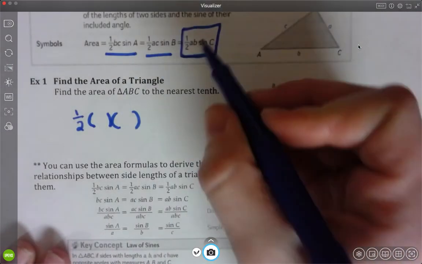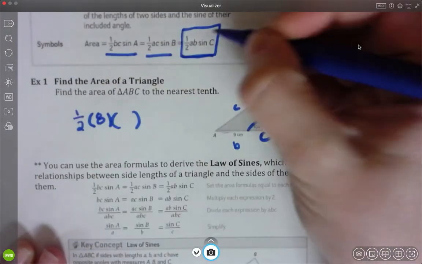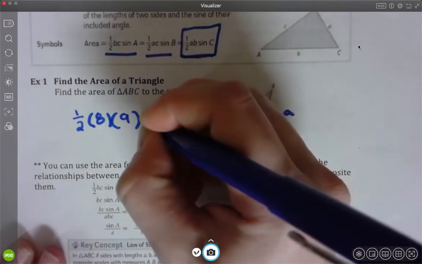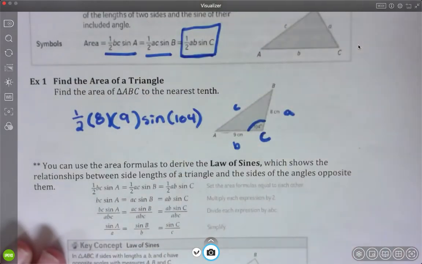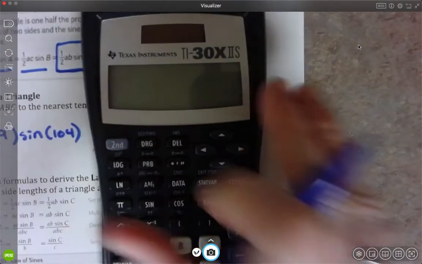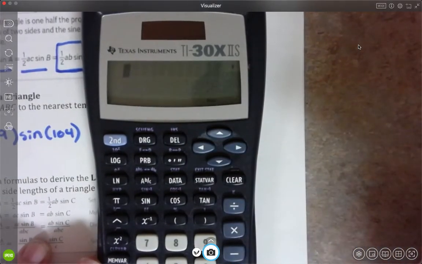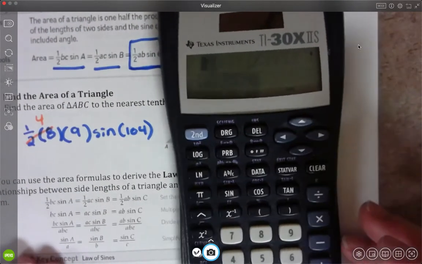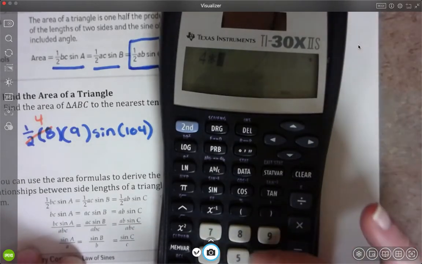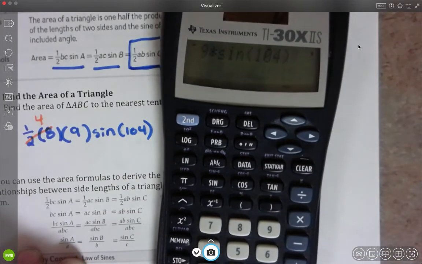So I'm just going to put in 1/2 A. We said A was 8, B was 9, and then I have sine of 104. I'm just going to plop that in, and that will help me find the area of this guy, okay? Let me do some of this in my head. 1/2 of 8 is 4, so I could do 4 times 9 times sine of 104 instead. That gives it to me faster, I think.